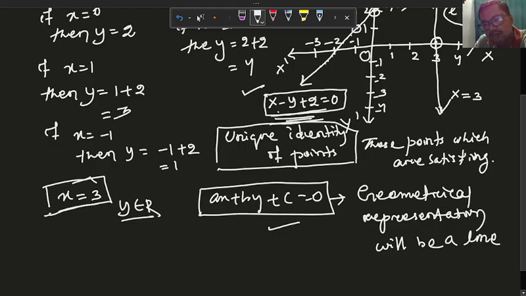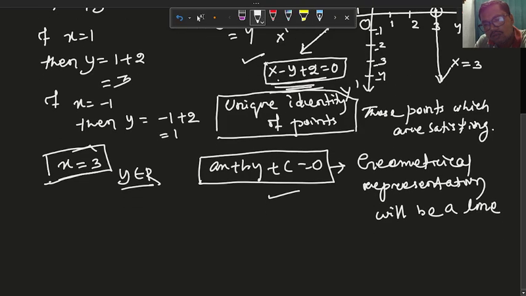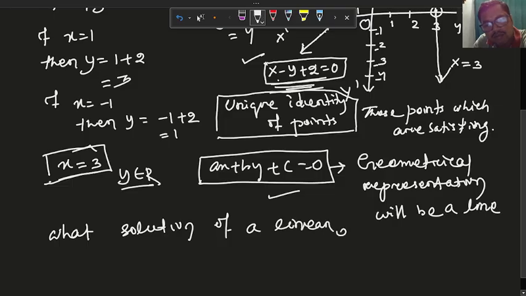Then what is the solution of a linear equation? What is the solution of a linear equation? You may write this.